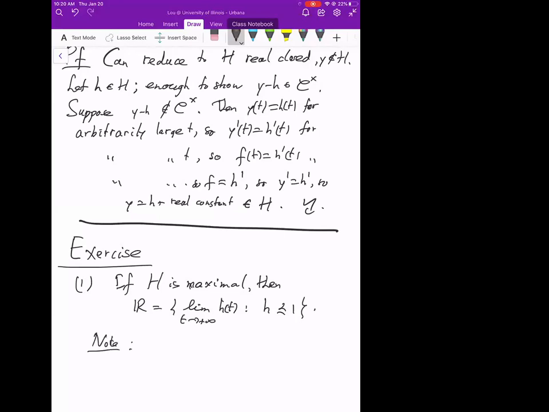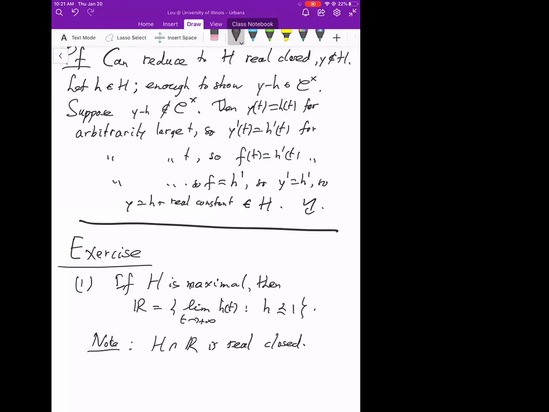I'm not saying that the maximal Hausdorff field contains the reals, but if you take limits as t goes to infinity, you do get all the real numbers. H intersected with R, which might be smaller than R, is real closed, because it's an intersection of two real closed fields, which is also real closed.